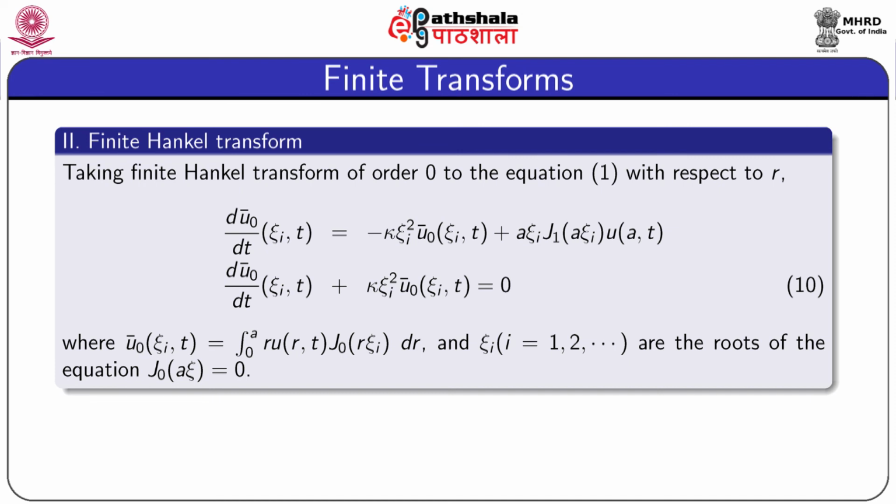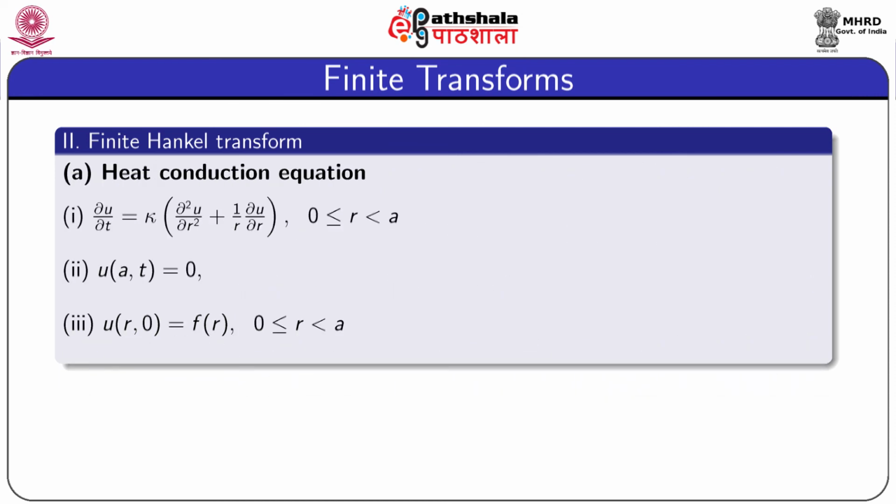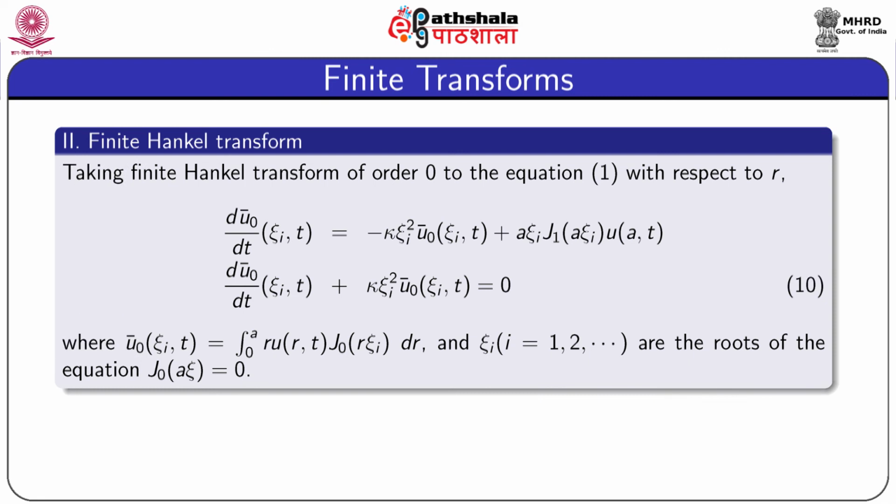Now, we need to apply the given boundary condition. We have the value of u at a as 0. So, if you apply that condition here, this term becomes 0. So, the equation reduces to the form which is written in equation number 10.